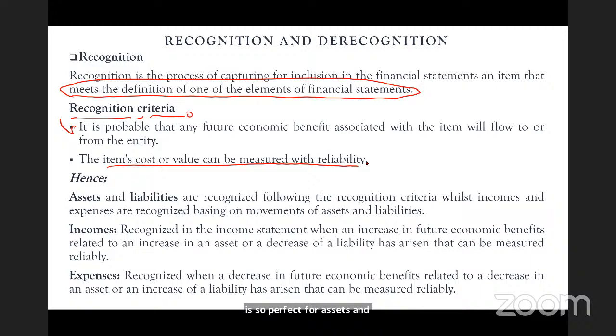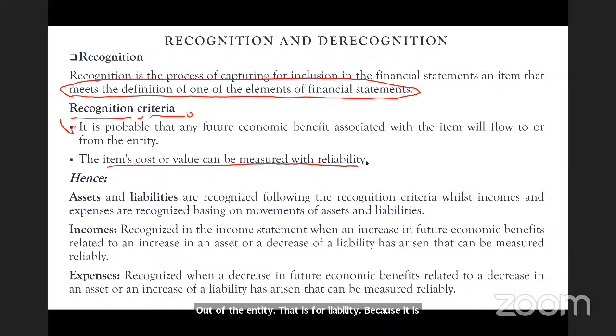For assets and liabilities. If it is an asset, it is probable that any future economic benefit associated with that asset shall flow to the entity. If it is a liability, then it is probable that any future economic benefit associated with the item shall flow out of the entity. That is for a liability, because it is a present obligation.